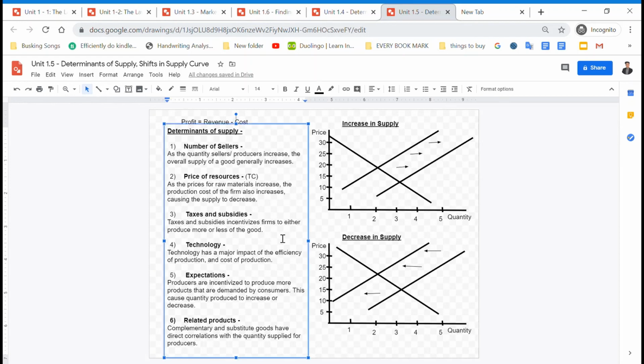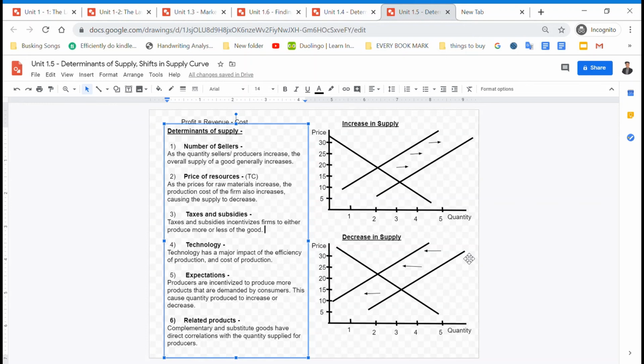Taxes and subsidies are 2 units from now. After the elasticity unit, we are going to talk more in depth about taxes and subsidies, but for right now, all you have to know is that taxes increase the expense and cost for firms to produce, while subsidies decrease the expenses and costs and increase the profit for producers.